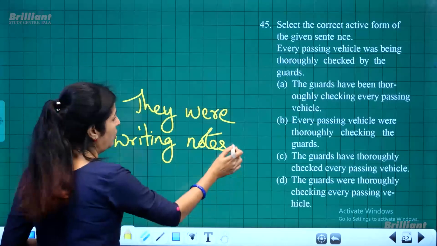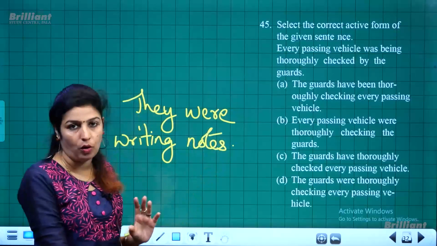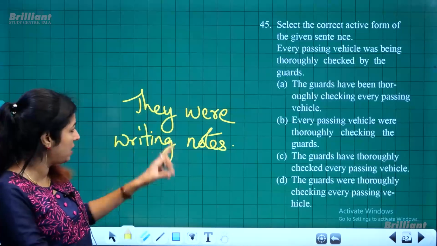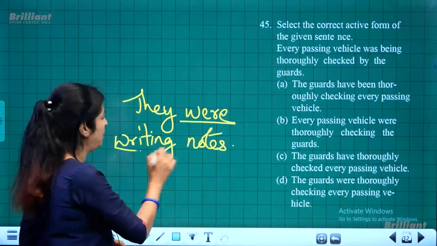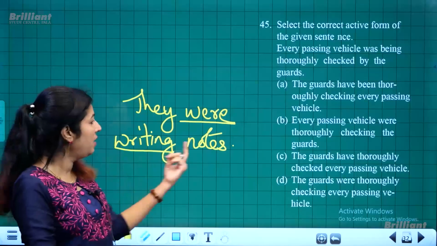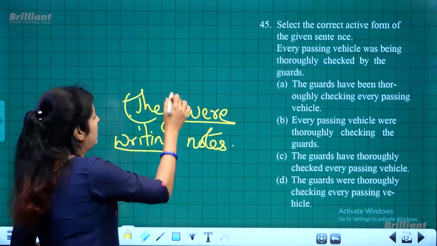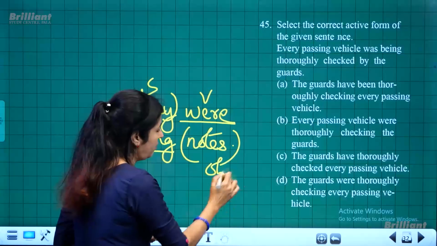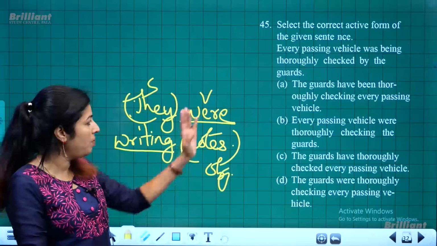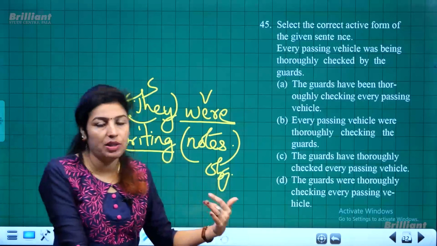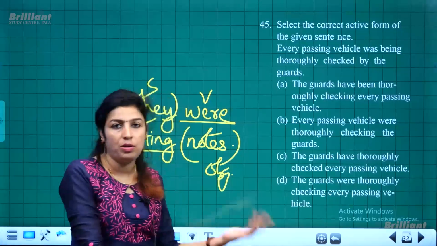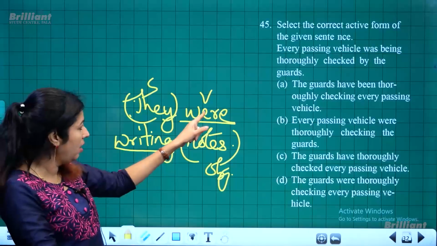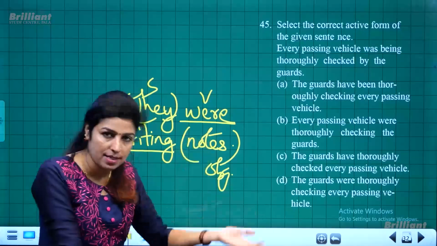They were writing notes. This is actually active voice. Why? Because we have a subject, even if it is not specified, we have the action word in past continuous, then we have an object. Subject, verb, object, and here the subject is given importance. To make it passive without changing the meaning or the tense, you can start with notes, in past continuous itself.